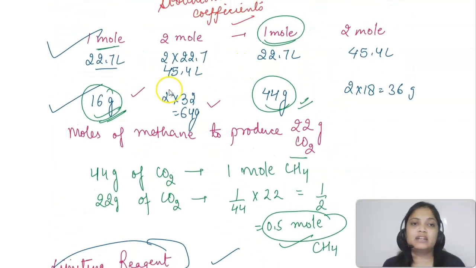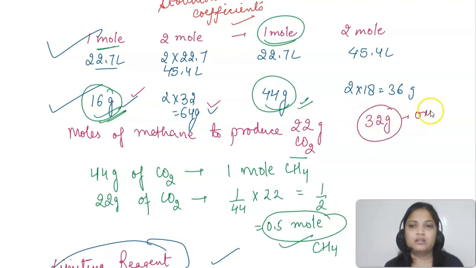Let's say for this reaction only, 16 grams of methane requires 64 grams of oxygen for combustion. Okay. So let's say I am having only 32 grams of oxygen in the reaction. So what does that mean? If I am having 32 grams of oxygen in the reaction, will combustion of all of the methane happen?